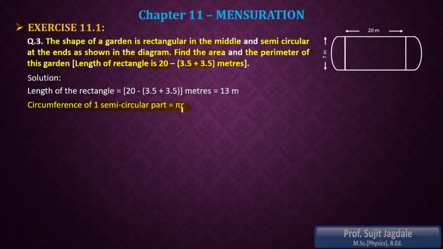Half of 2 pi r will be pi r. Therefore we are taking the formula pi r for the circumference of the semicircular part, which is calculated by 22 upon 7 into 3.5, because we know that the value of pi is either 3.14 or 22 upon 7. So that we had kept.